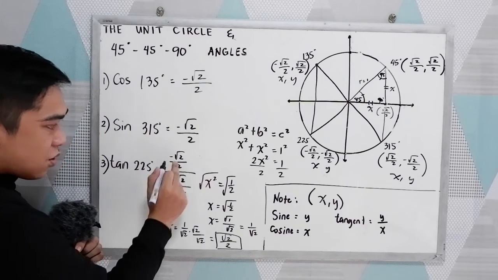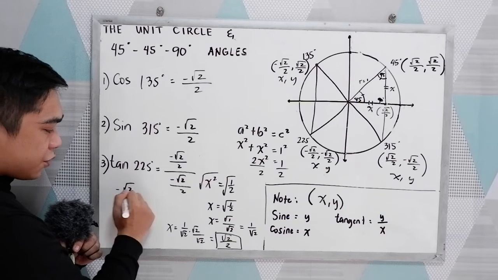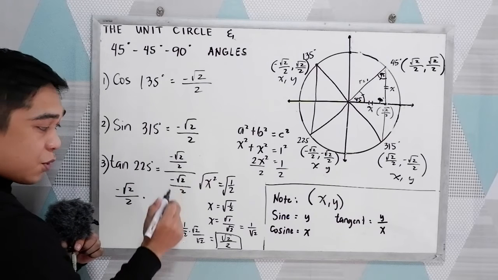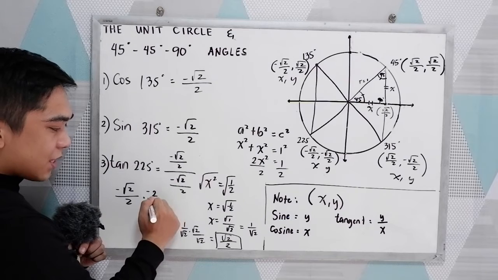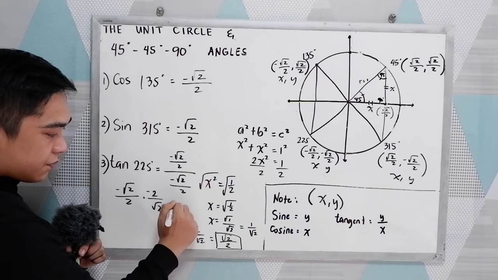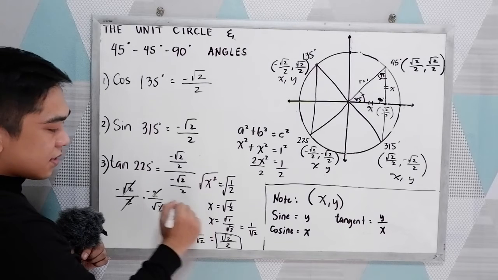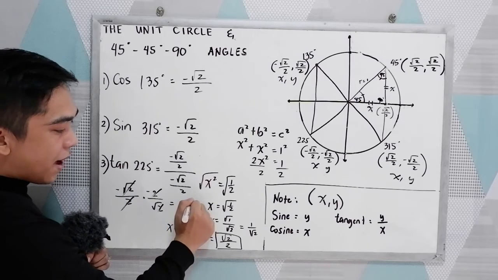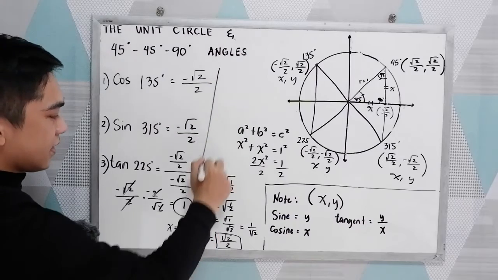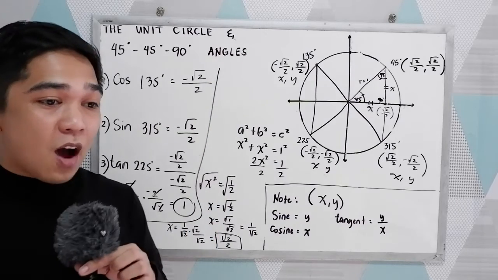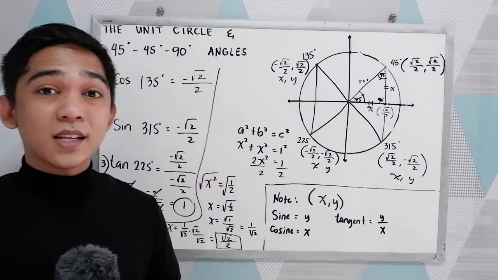So it's a complex fraction: copy the numerator, negative square root of 2 over 2, times the reciprocal of the denominator, negative 2 over square root of 2. So cancel, cancel, cancel, cancel. That will give us negative times negative, positive 1. And now let us verify our answer using your calculator.